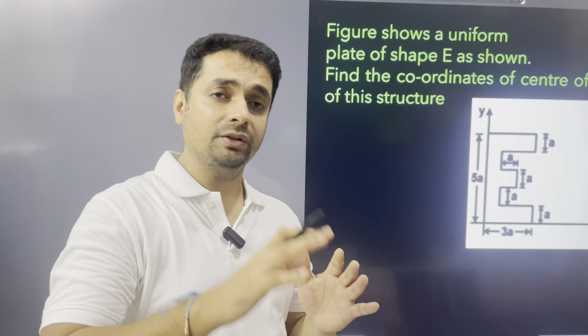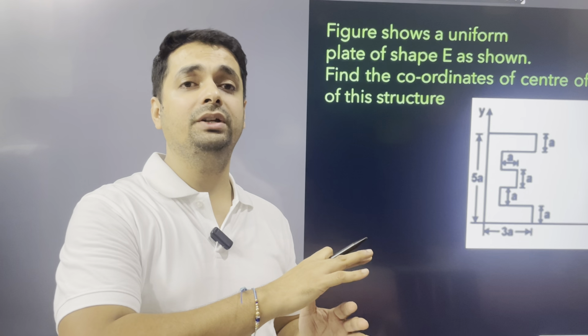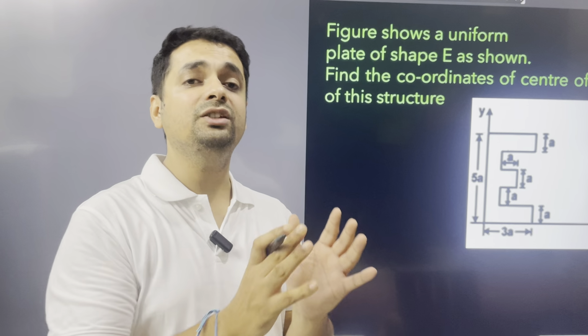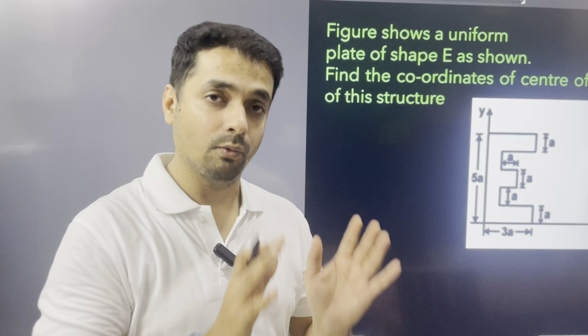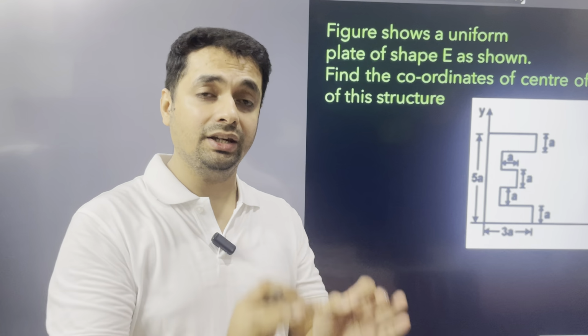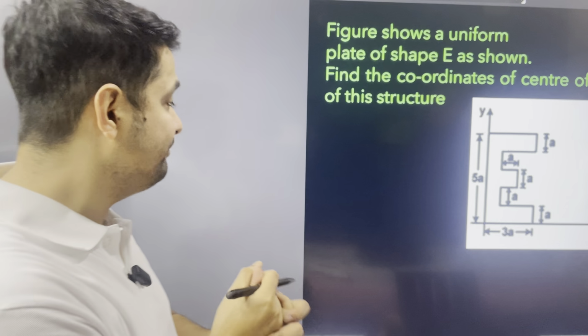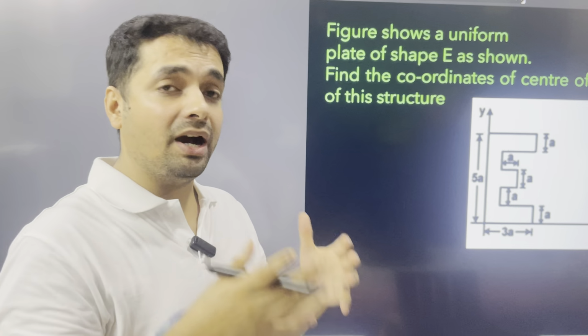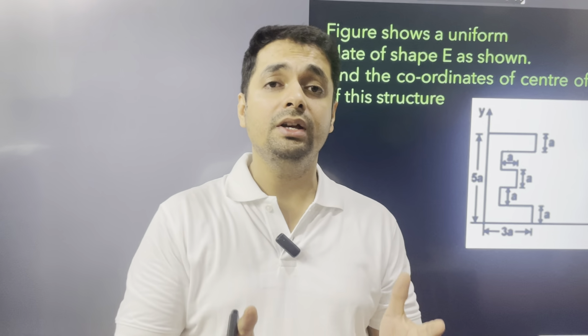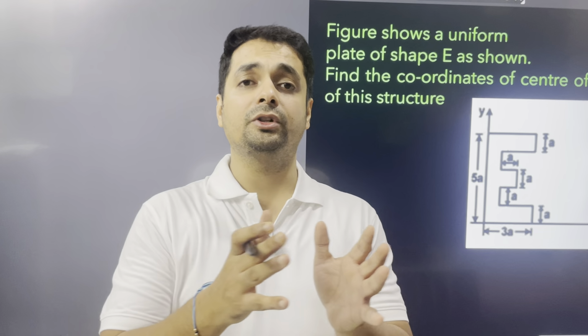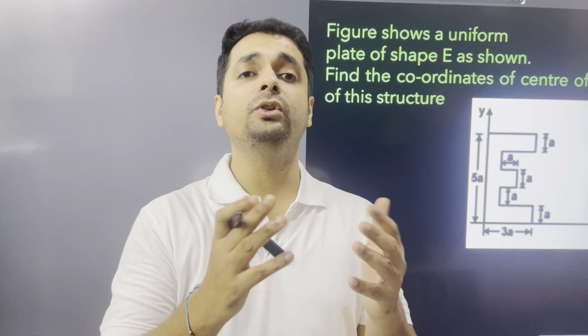Because it is uniform, mass is uniformly distributed on its area, so mass is proportional to area only. Similarly, if mass is uniformly distributed over its volume, mass will be directly proportional to volume.